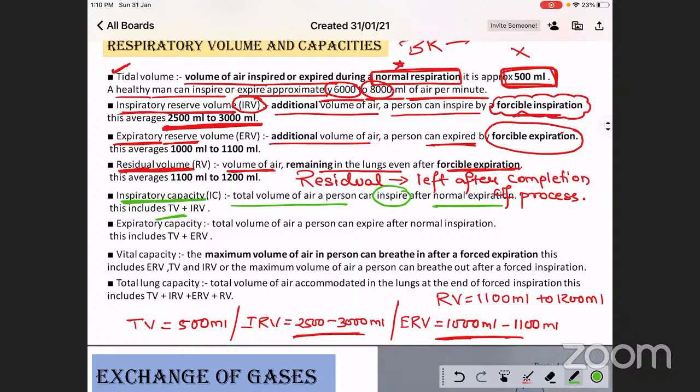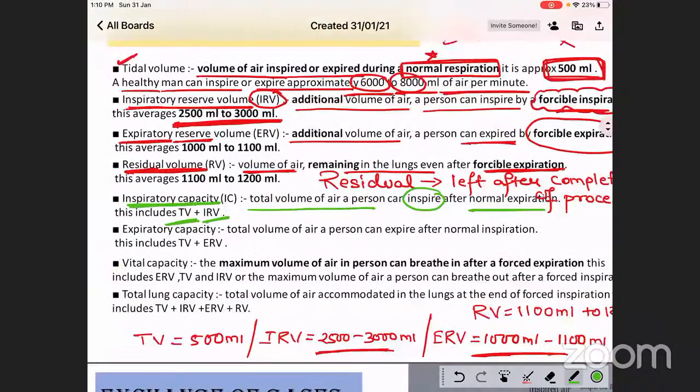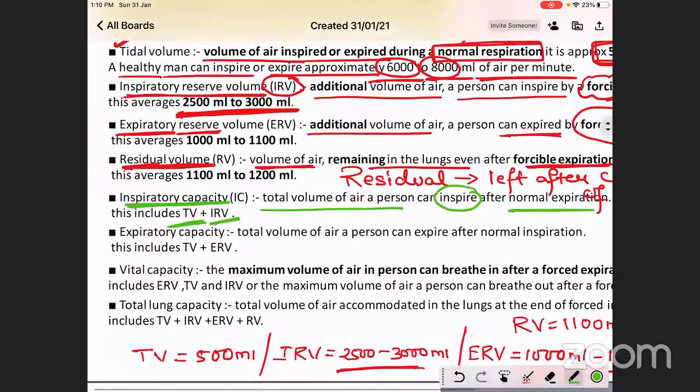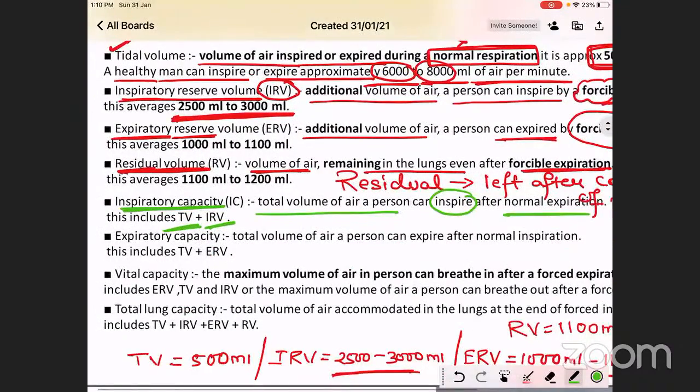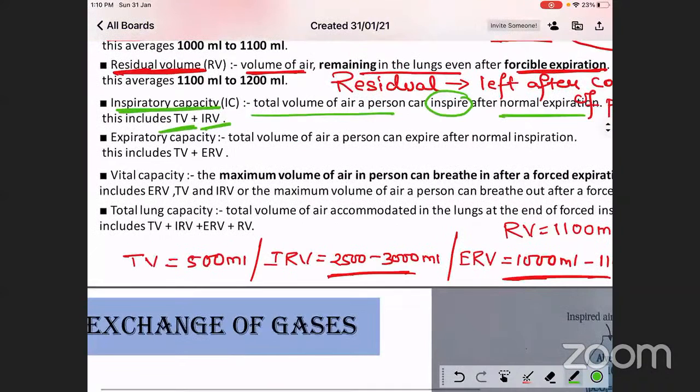In the same way, we take the tidal volume in the normal respiration, and we add the IRV, the inspiratory reserve volume, and then it will tell us the inspiratory capacity. So now you can calculate. Here is the TV in front of you, 500 ml, and the IRV is in front of you.